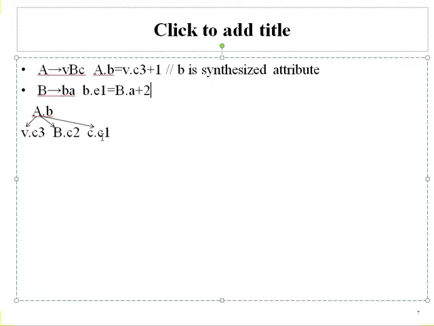So as you can see from the production rule, B is the parent.